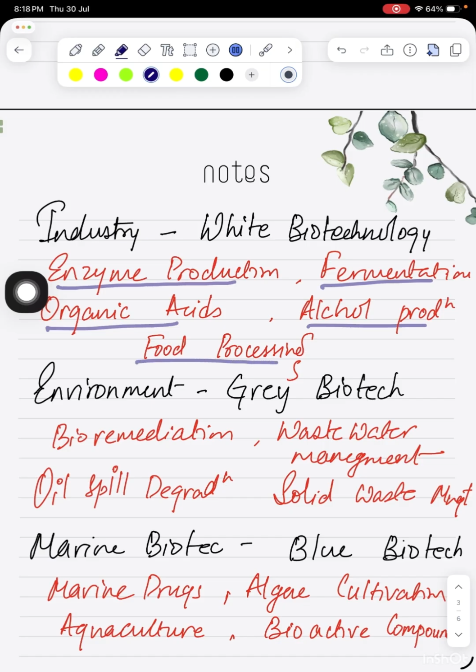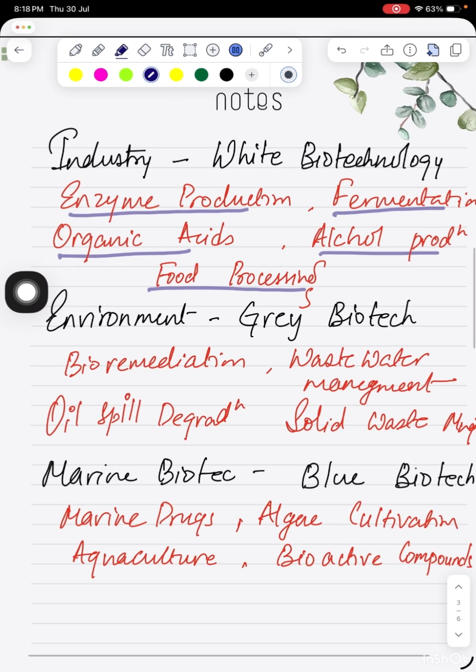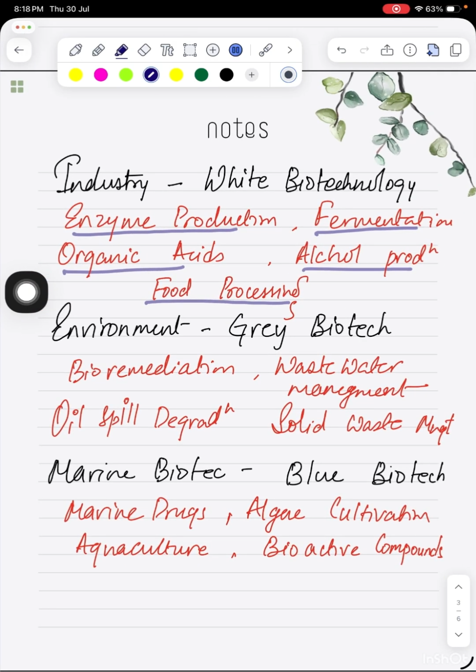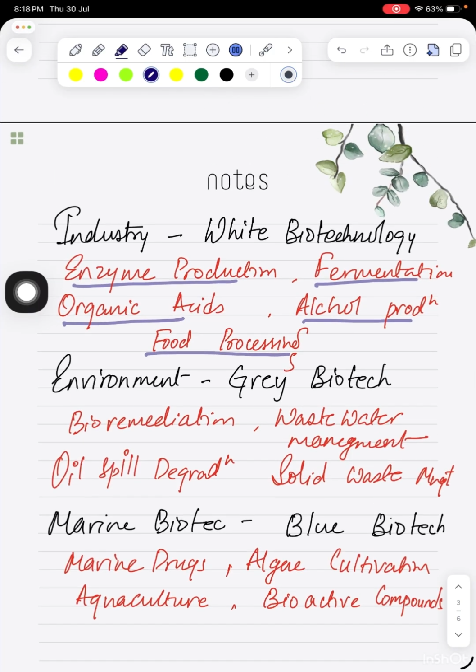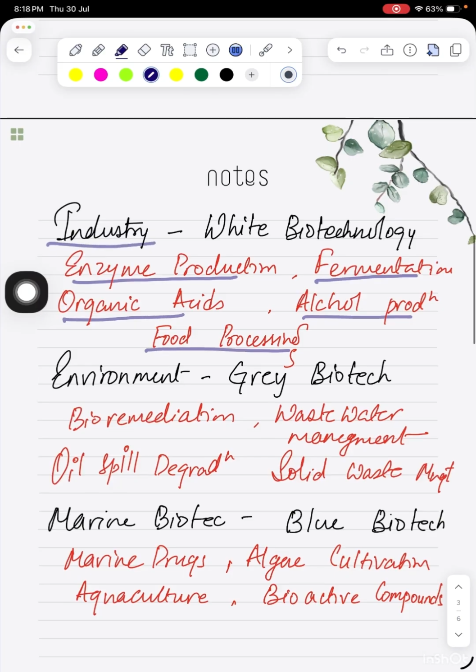And the most important, that is food processing, where in our daily life we come across different food products which are being processed. Okay, so this all comes under white biotechnology, where the technology is used for enhancing industrial production.